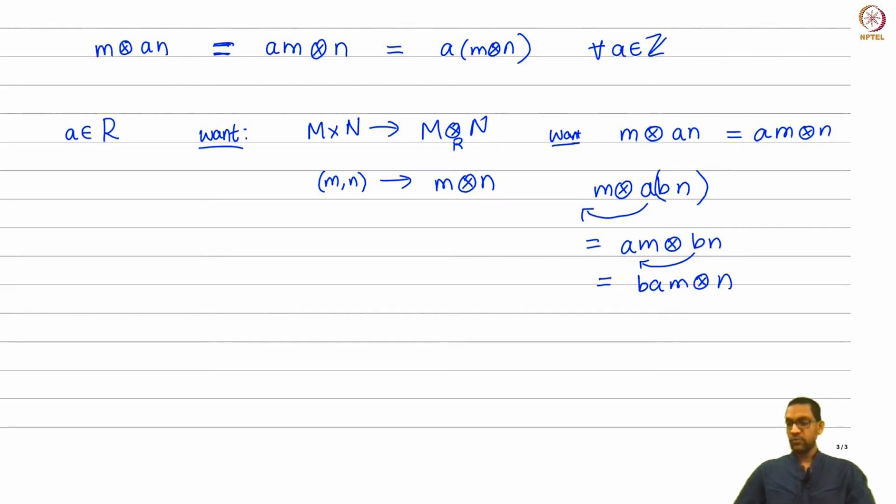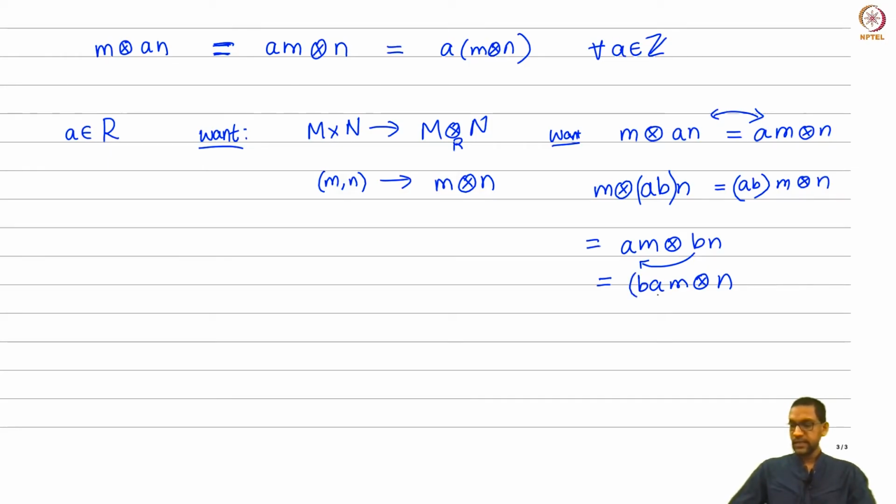So that's one way of doing it. On the other hand, I can just think of ab as a single scalar, right. So m tensor abn, and now by this what I want to be true, that scalar ab can be moved to the first component. So this is what I would get, okay.